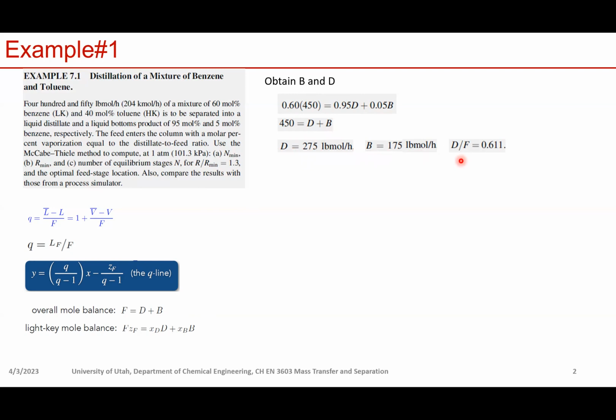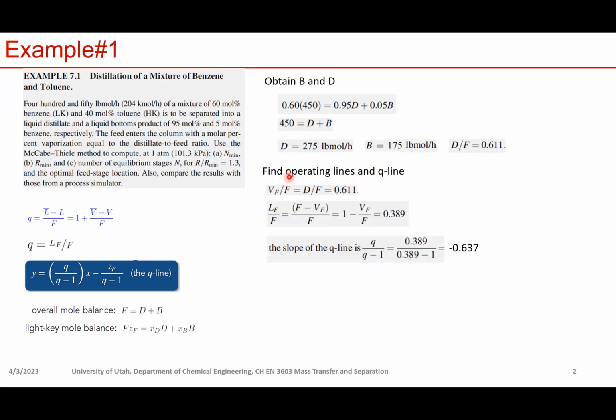Then we can compute the distillate to feed ratio, which is 0.611. Then we can find the operating line, the Q line. Since the vaporization percentage, VF over F, is the same as the distillate to feed ratio, that's 0.611, and we can compute the ratio of the liquid in the feed over the feed.